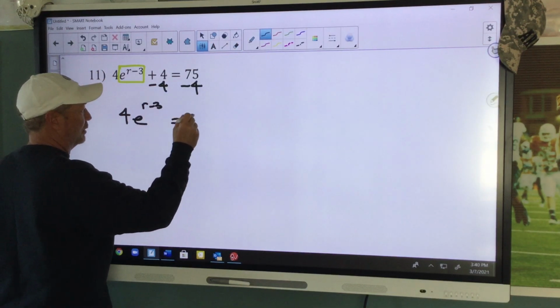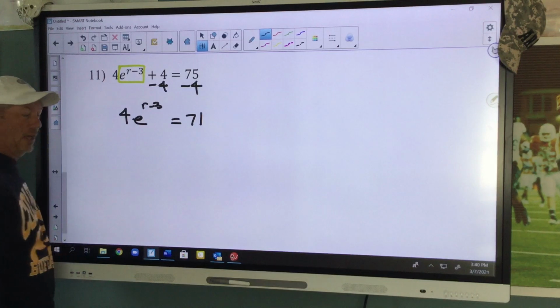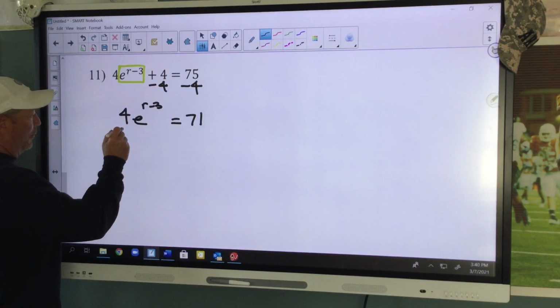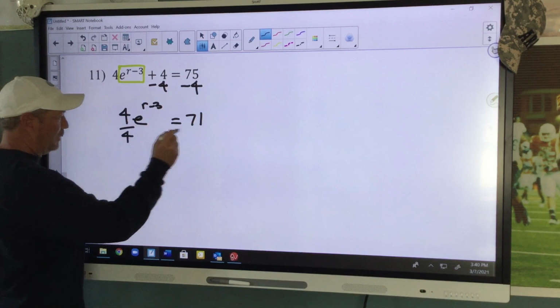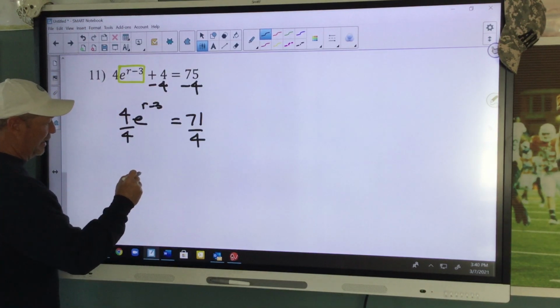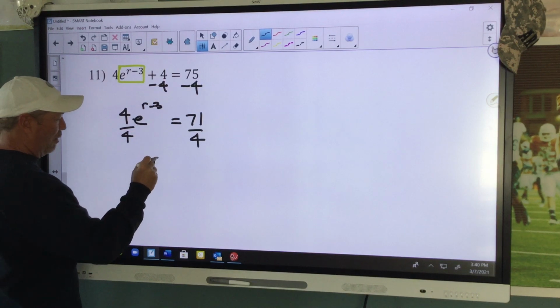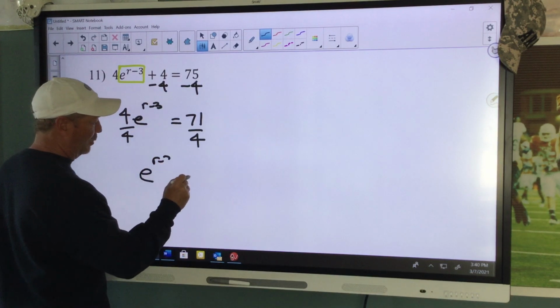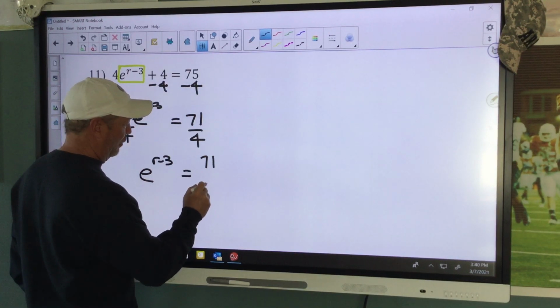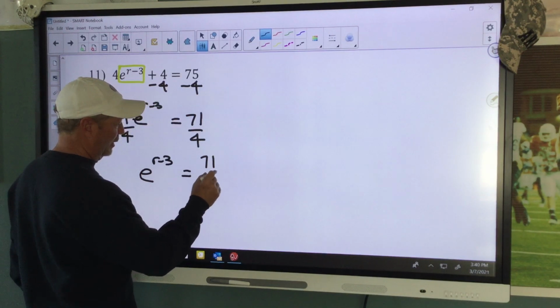Equals 71. Okay, a little blip, but we're okay. All right, so we're going to divide by 4. Divide by 4. I get e raised to the r minus 3 equals 71 over 4.